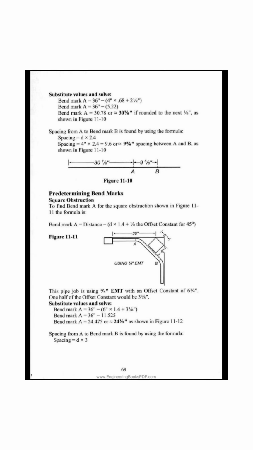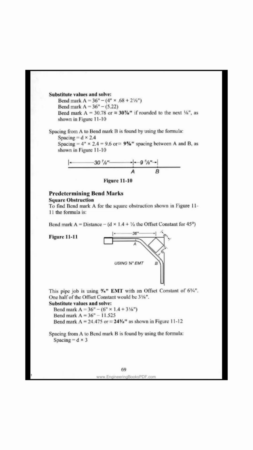Predetermining bend marks. Square obstruction. To find bend mark A for the square obstruction shown in figure 11-11, the formula is bend mark A equals distance minus D times 1.4 plus 1/2 the offset constant for 45 degrees. This pipe job is using 3/4 inch EMT with an offset constant of 6 1/4. 1/2 of the offset constant would be 3 1/8.